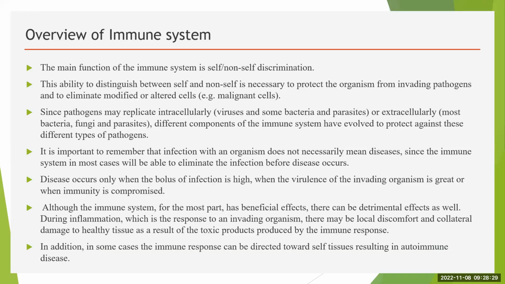Okay, so as I said yesterday, the main function of the immune system is to discriminate between self and non-self. Anything that is non-self will be attacked and destroyed, and anything that is self will be preserved. And this is the point where we talked about the thymus.